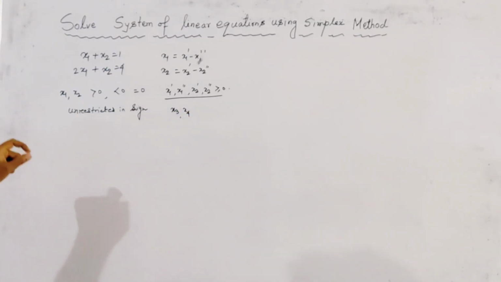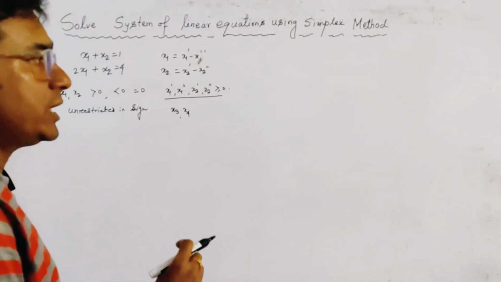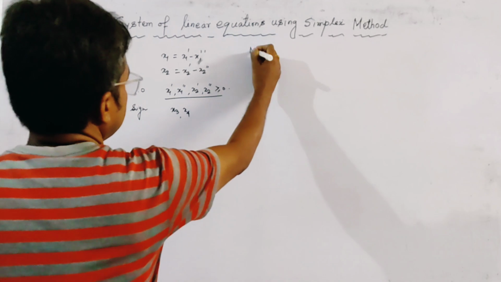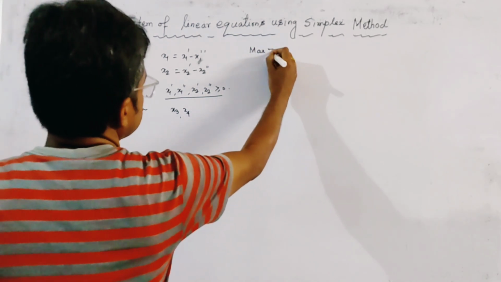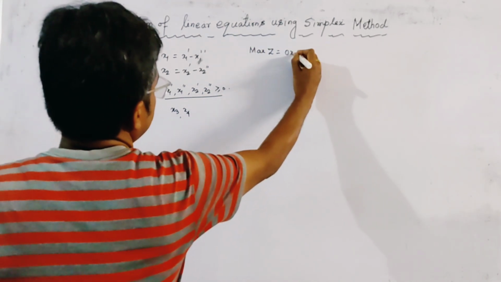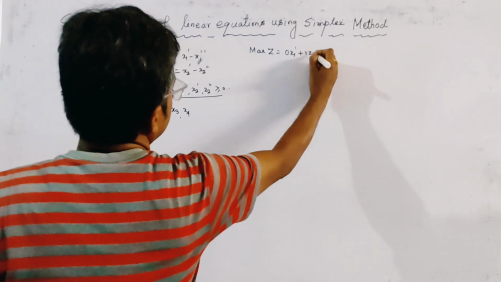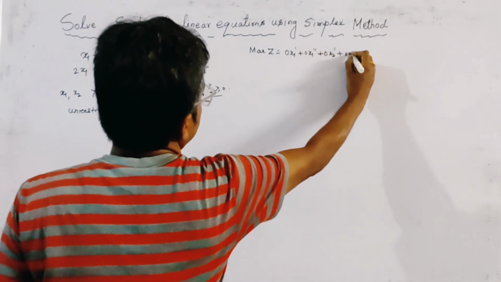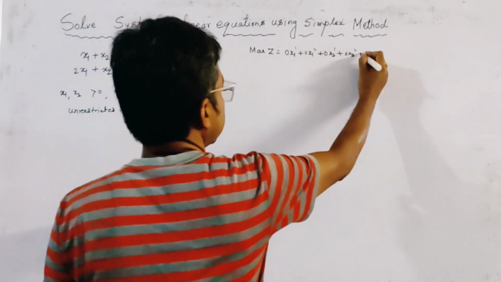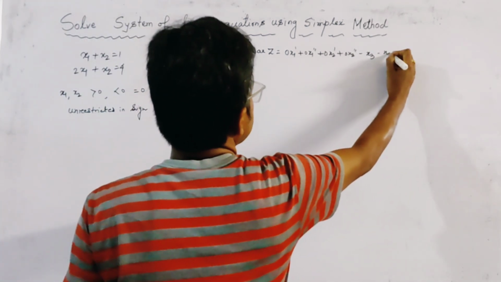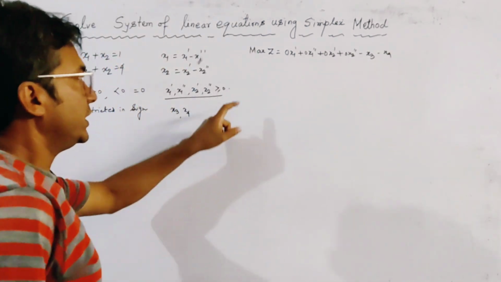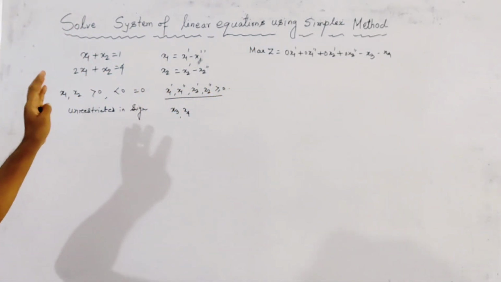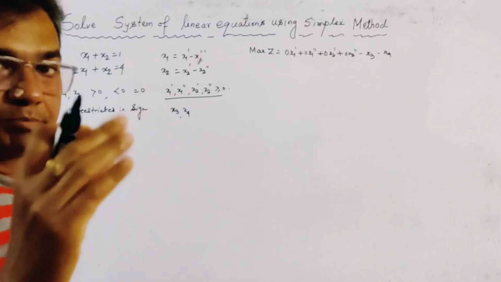We write an auxiliary objective function: max z = 0x1' + 0x1'' + 0x2' + 0x2'' - x3 - x4. We use this type of objective function because we apply the two-phase simplex method.